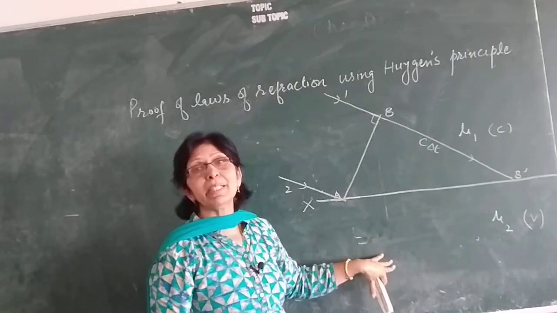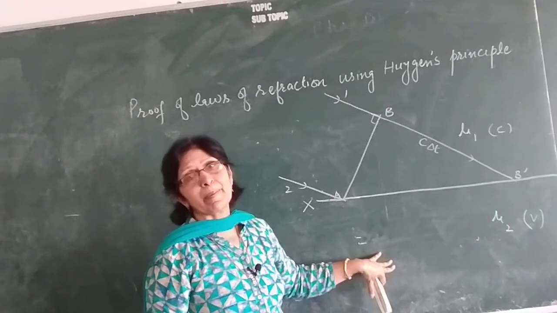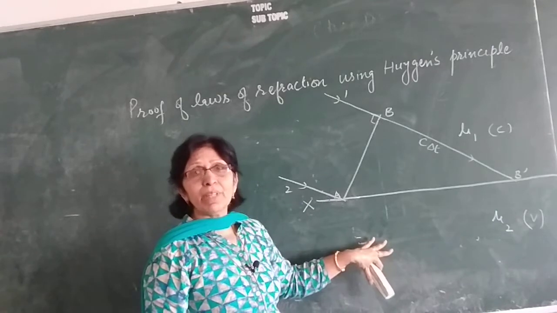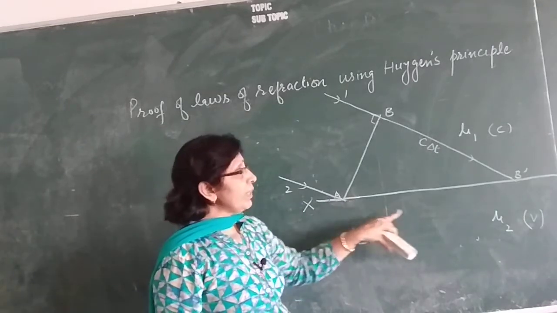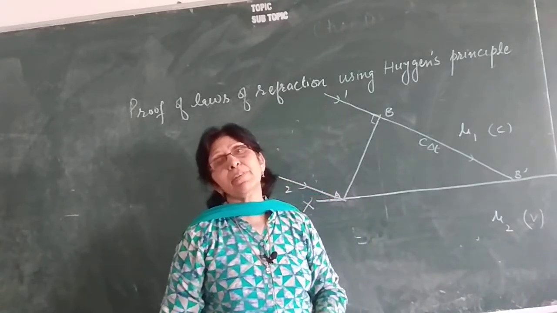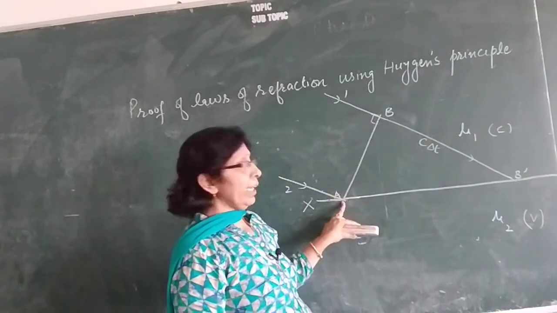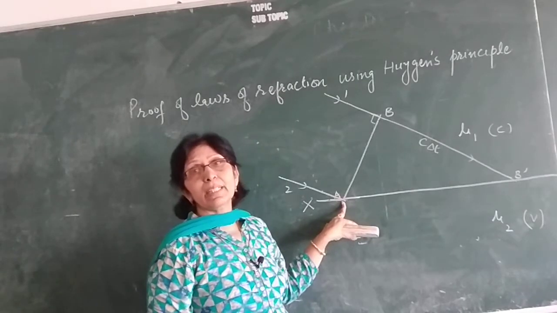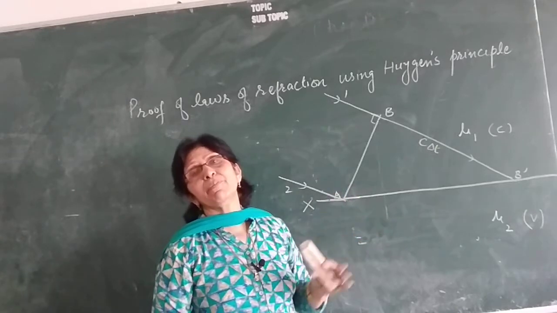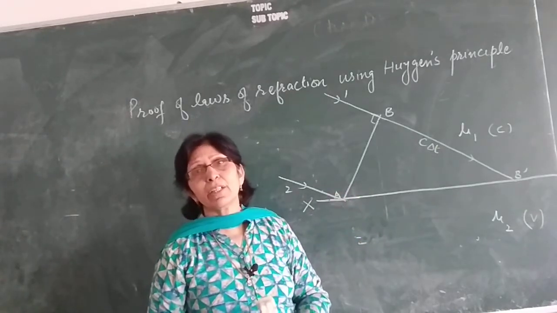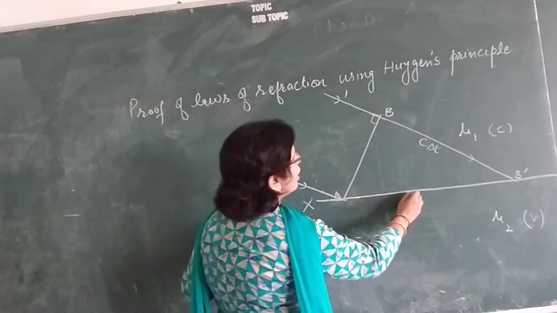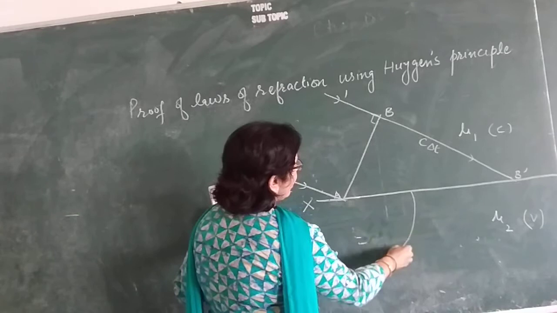goes into the denser medium from the refracting surface. But in the denser medium the speed of light is now v. So the distance covered by this ray will be v into delta t, and taking v delta t as radius and A as the center, I can draw an arc.